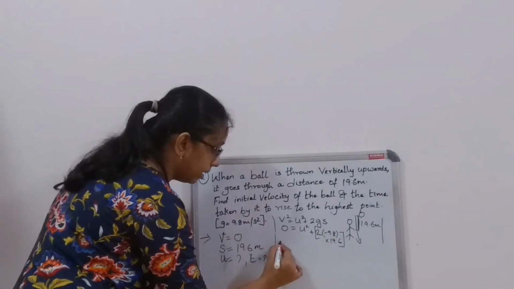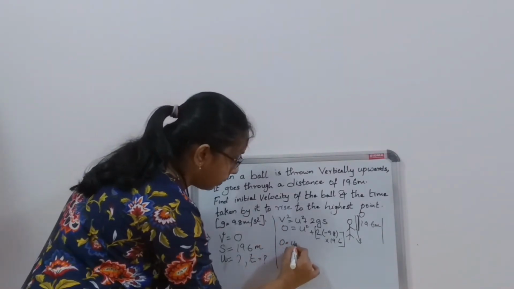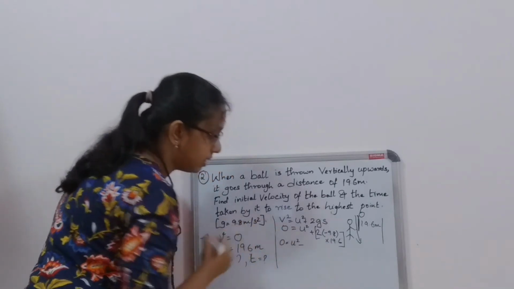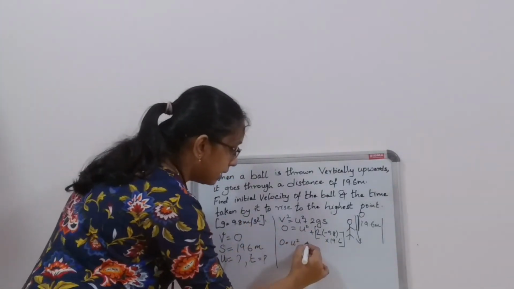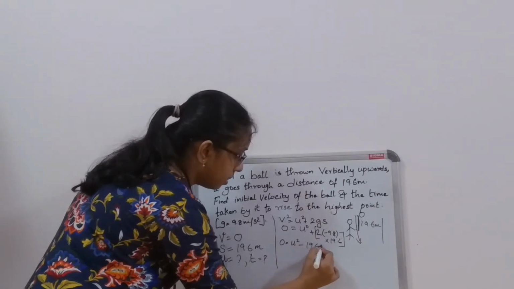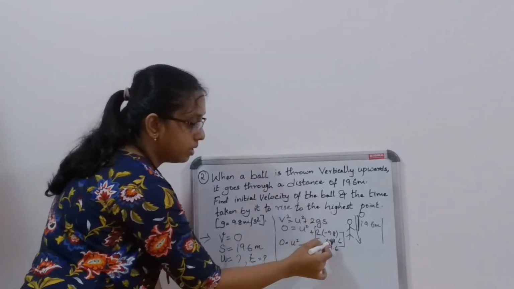Now simplifying again, we will get 0 is equal to u square minus, and 2 into 9.8 is nothing but 19.6, so 19.6 into 19.6. This I have written here.